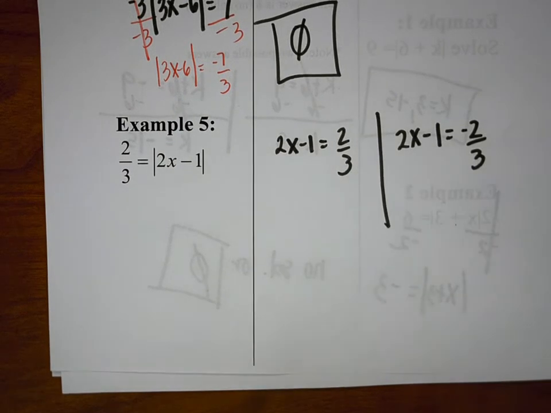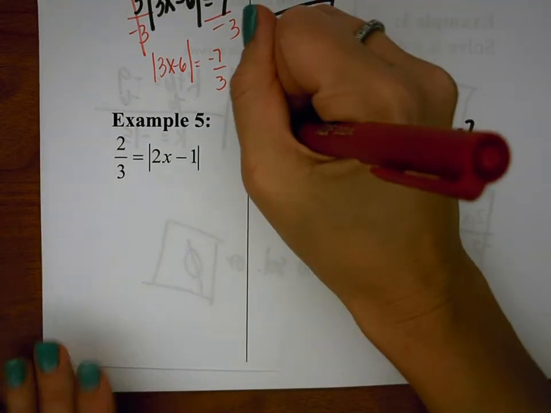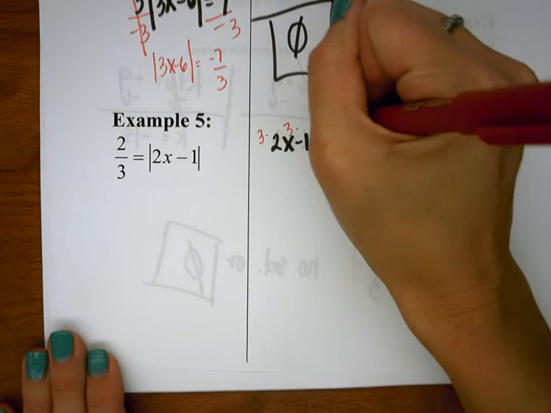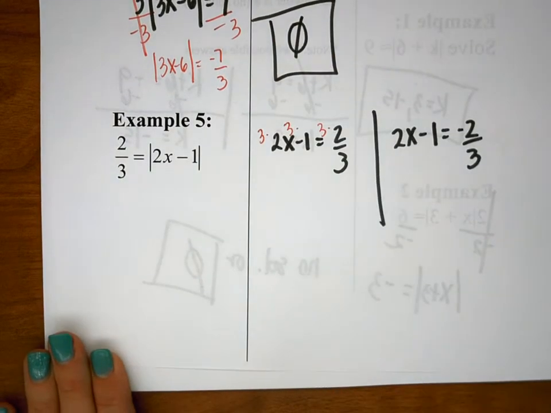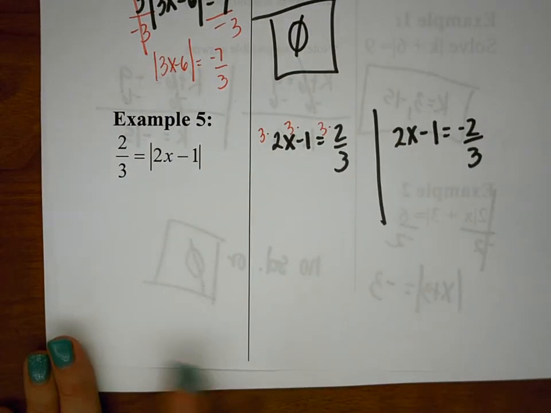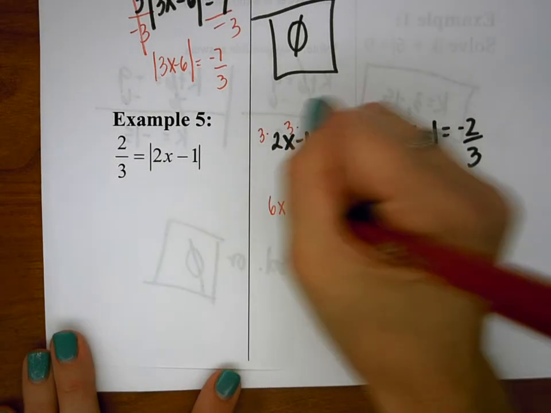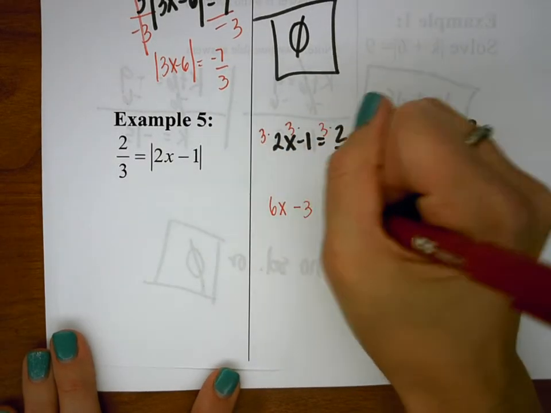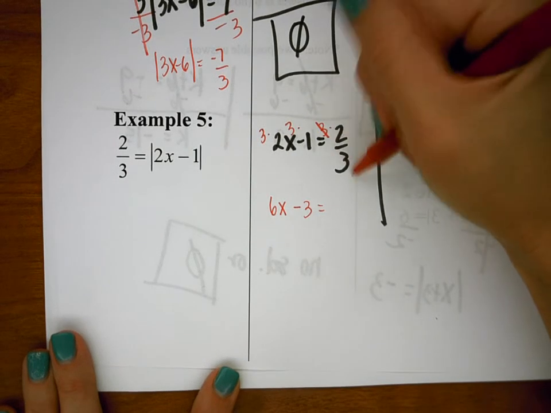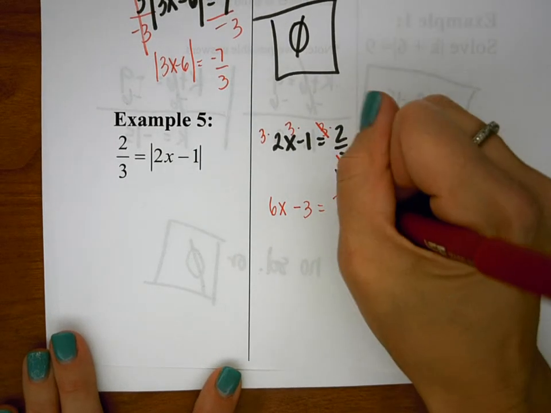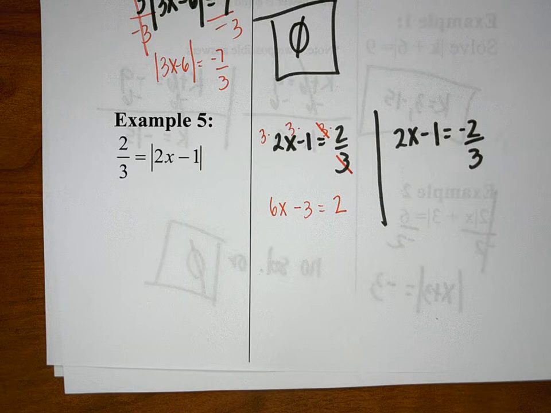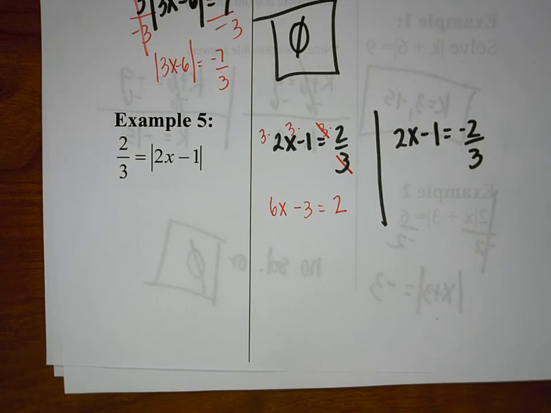So what I would do to get rid of my fractions is I'm going to multiply every single term in the problem by 3 so that I can get rid of my fractions. So when I do that, my new equation is going to be 6x minus 3 equals, and on the last one, the 3 and the 3 cancel out, and I get 2. And again, the whole purpose was to get rid of the fractions. So if you do this and you don't get rid of the fractions, then you did something wrong.